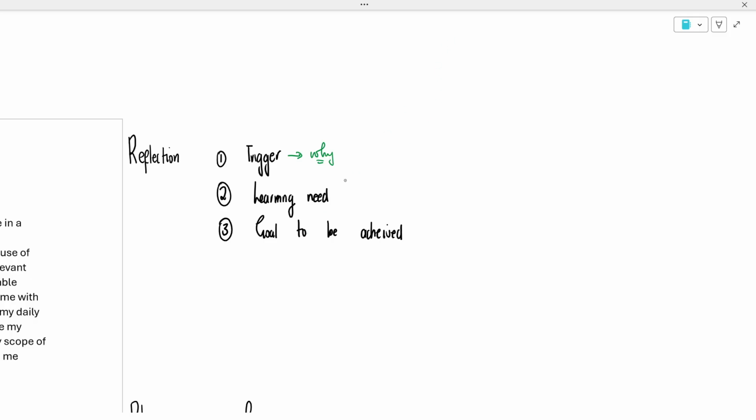And then the second one is the learning need. The learning need is based on the behavioral statements and the competency standards. So, what behavioral statement do you think you need to improve your knowledge on? And what are the requirements for this competency standard, domain 5.3? Next, it's the goal that you have to achieve.